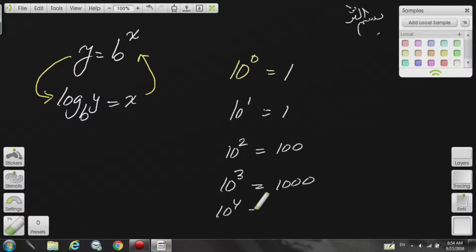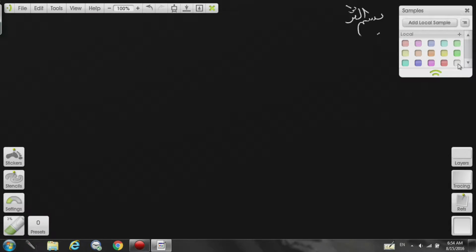And 10 to the power of 4, you're getting bored, is 10,000, 1 followed by 4 zeros. So let's write this again. 10 to the power of 1 is 10. You agree? 10 to the power of 2 is 100.